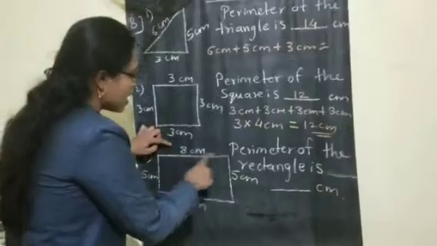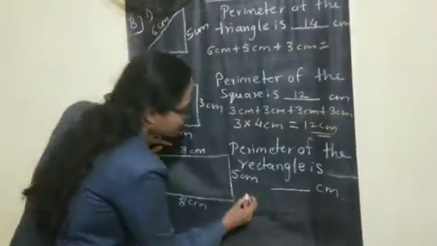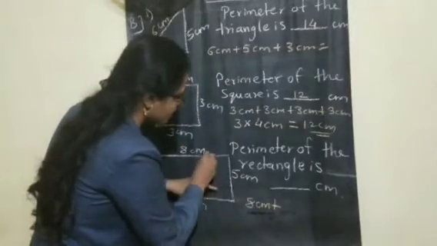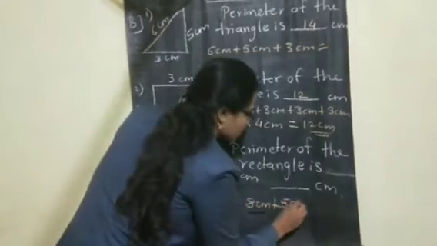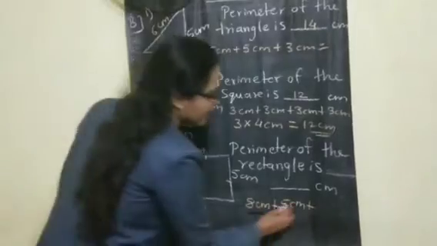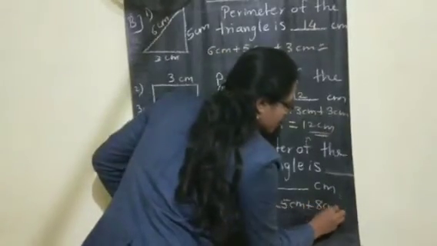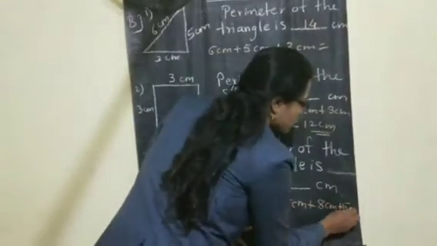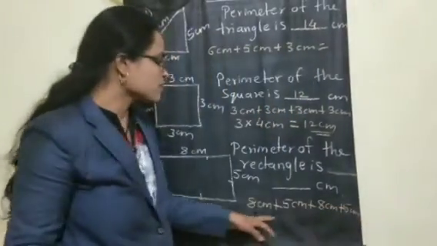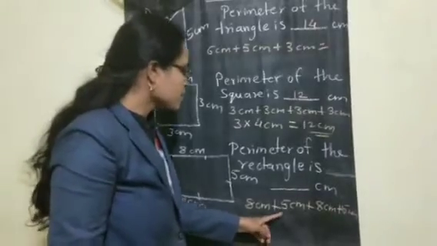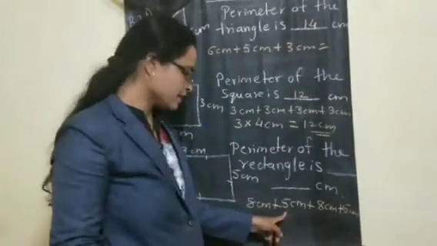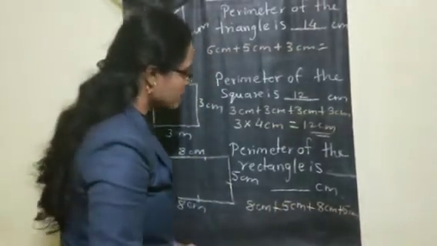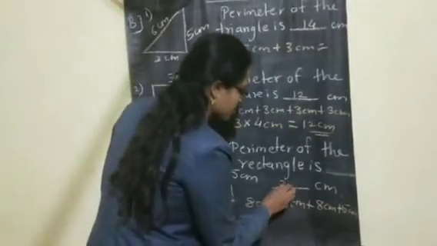Same method, add all the boundaries, that is 8 centimeter plus 5 centimeter plus again 8 centimeter plus again 5 centimeter. So what answer will you get here? 8 plus 5, 13. 13 plus 8, 21. 21 plus 5, 26. So here you will get the answer 26 centimeter.